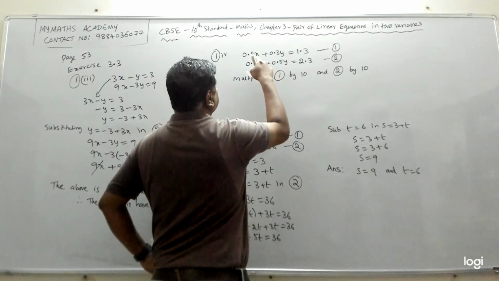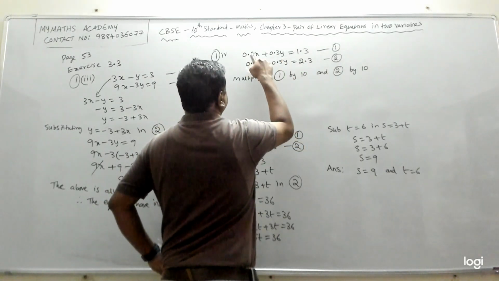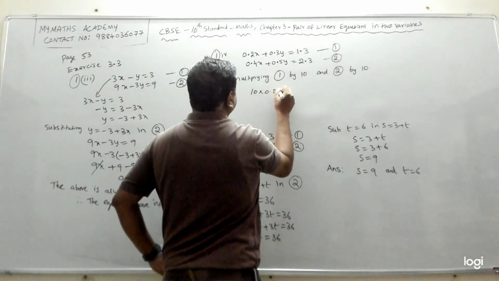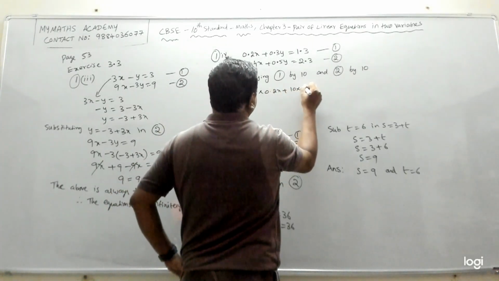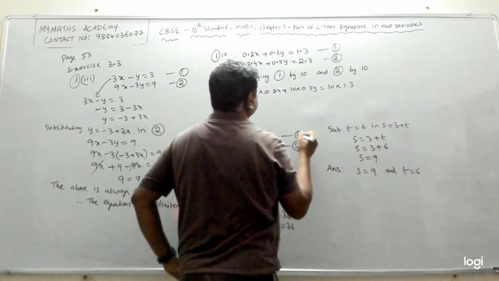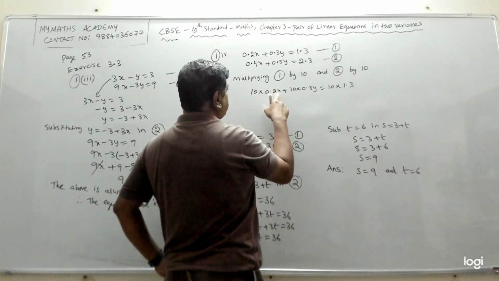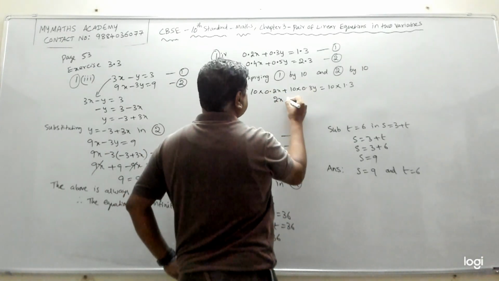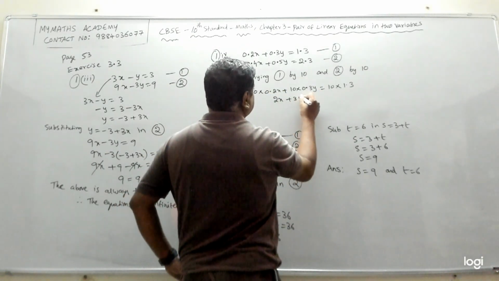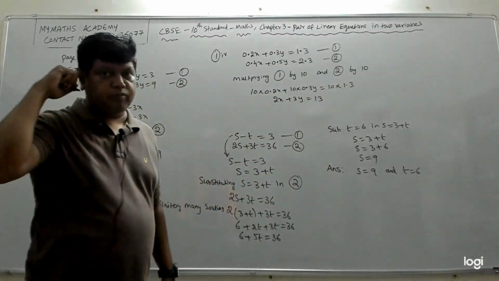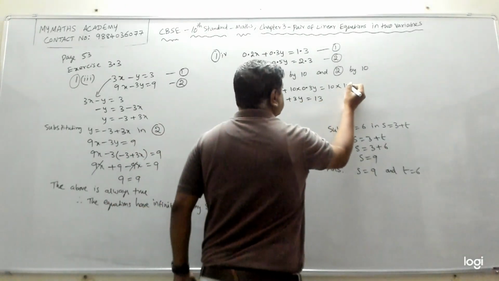If I multiply equation 1 with 10, what do I get? 10 into 0.2x plus 10 into 0.3y equal to 10 into 1.3. So 10 into 0.2x means 2x, 10 into 0.3 is 3, so 3y equal to 10 into 1.3 is 13.